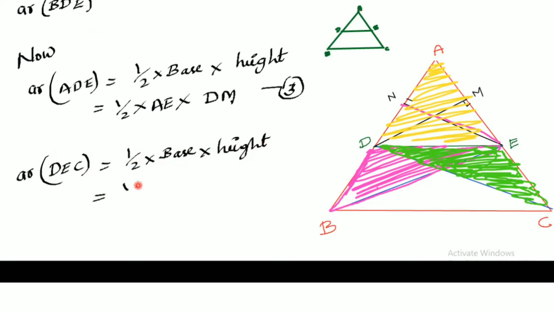So half is half and base is EC, and height, for this parrot green triangle, is the perpendicular from the extended base, DM. DM is the height. Okay, let this be equation 4.